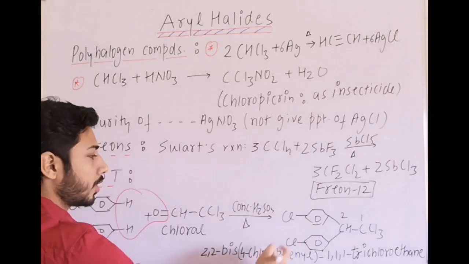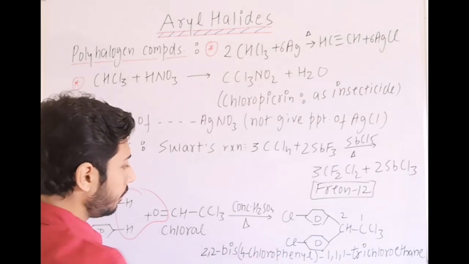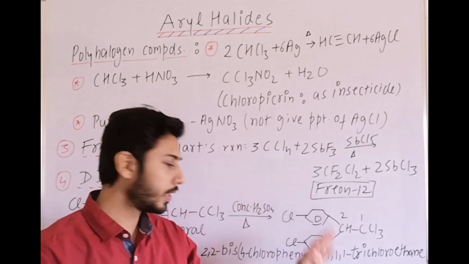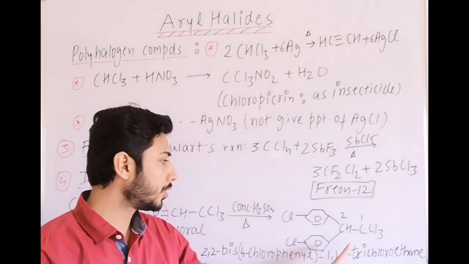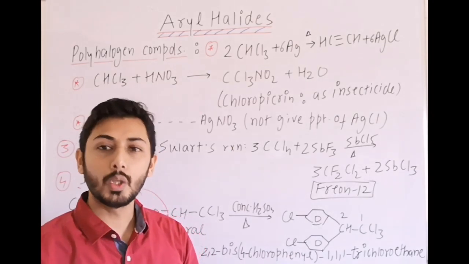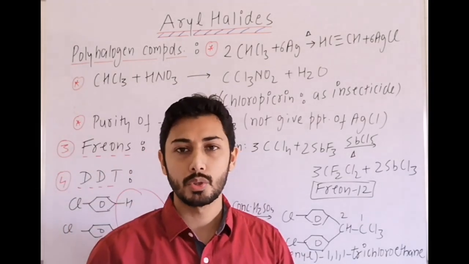At the fourth position there is a chloro, so 4-chlorophenyl, 2 times. So the bis term is used. You know by the IUPAC nomenclature. Then at the first position 3 times substituent, 1,1,1-trichloroethane. It is the IUPAC name of DDT, and that is the completion of polyhalogen compounds.